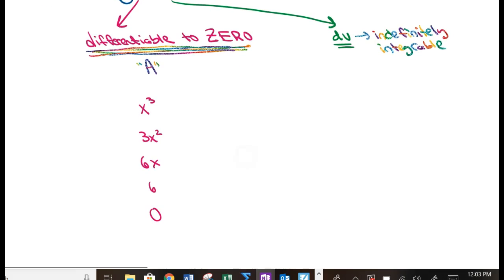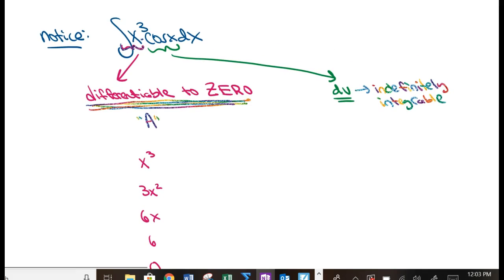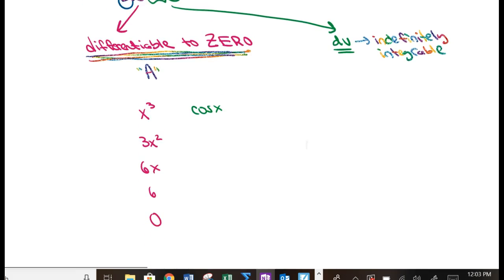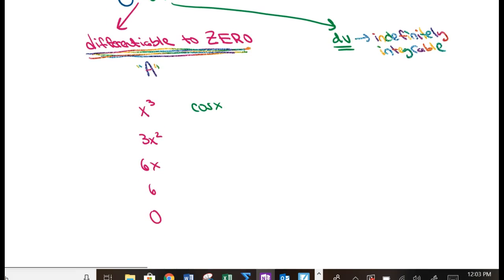Next to that, in the right-hand column, I'm going to put the rest of the integrand, which is indefinitely integrable. I am now going to integrate this many times. So this goes to sine x, this goes to negative cos x, this goes to negative sine x, and this goes to cos x.